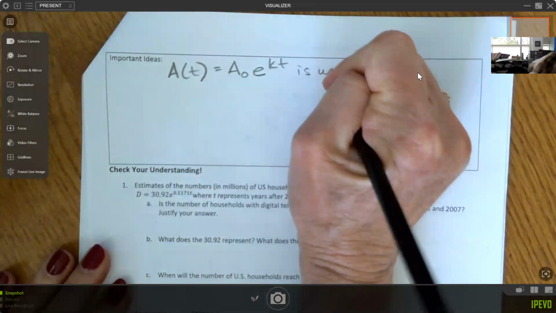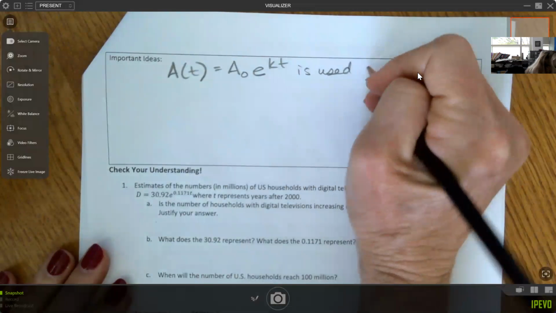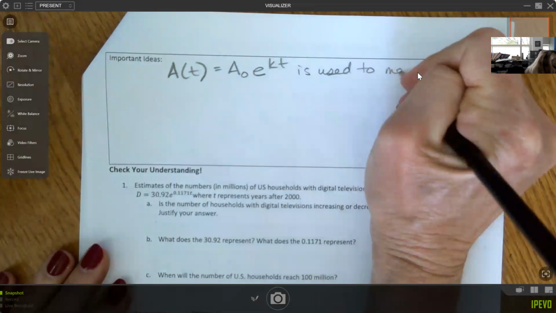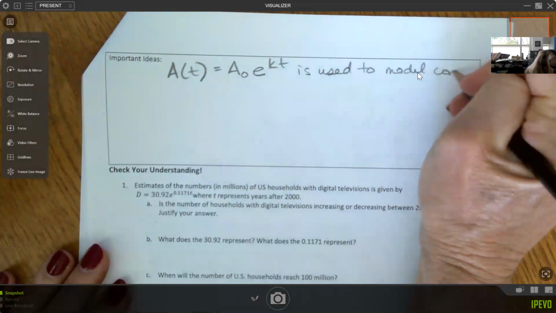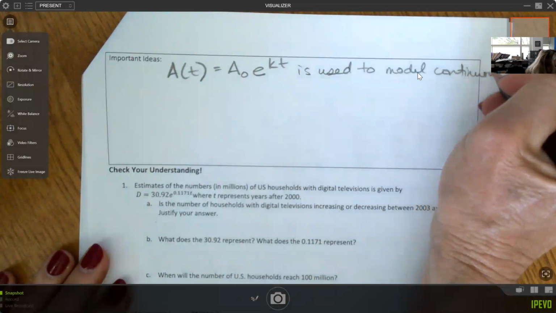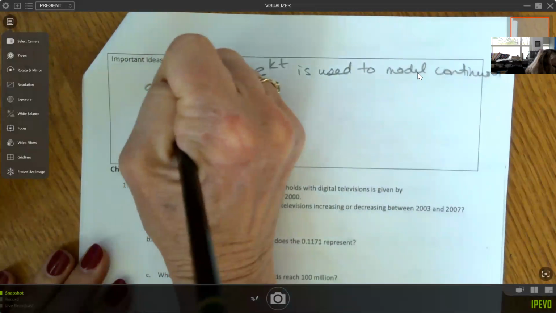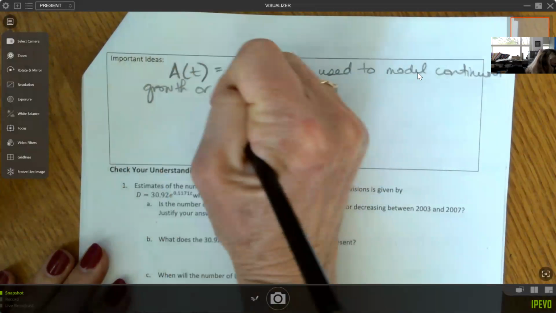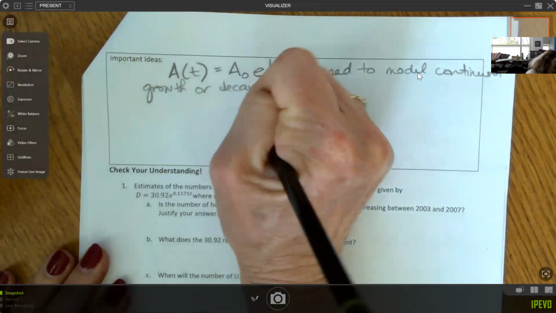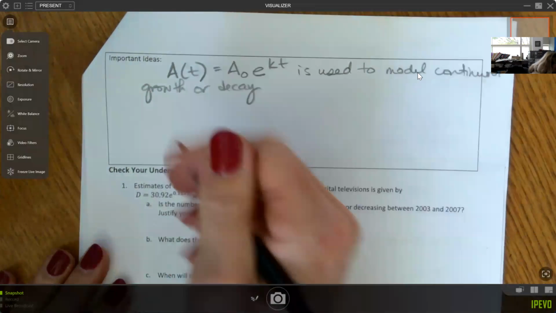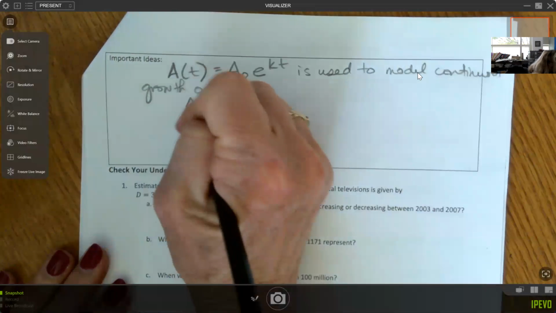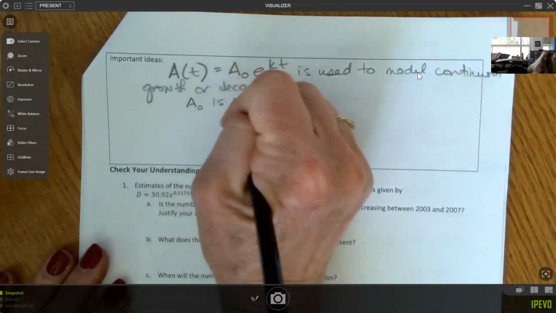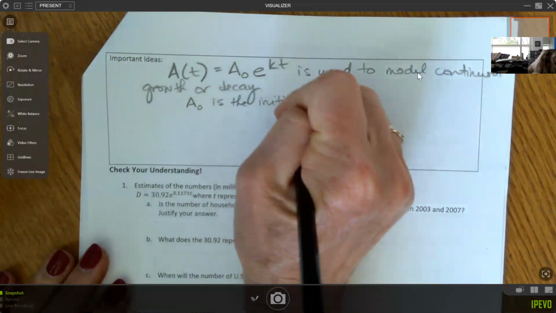And that is used to model either continuous growth or decay. A sub 0 is the initial amount, whatever we're talking about.